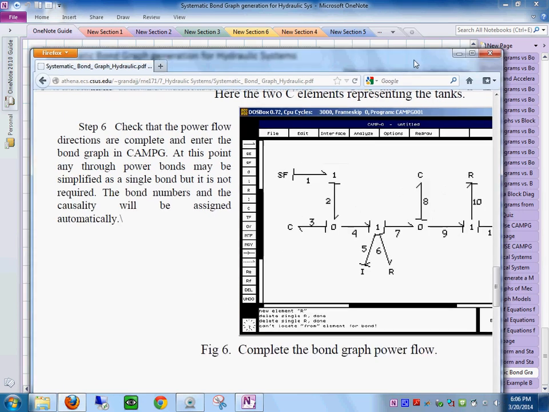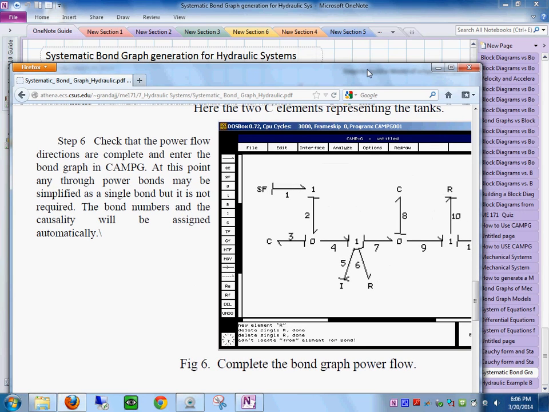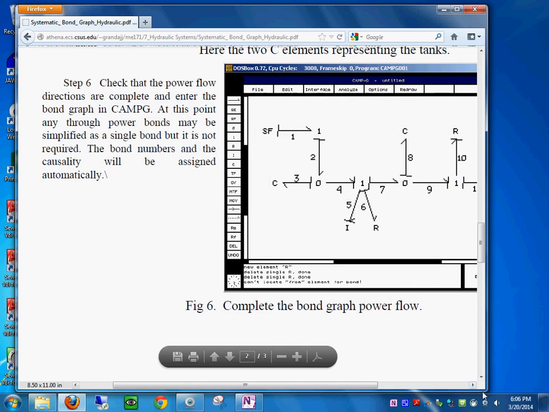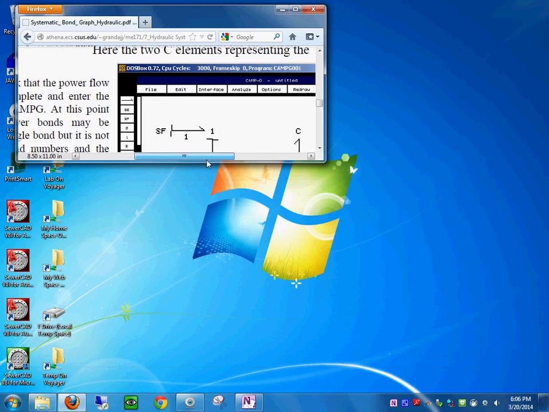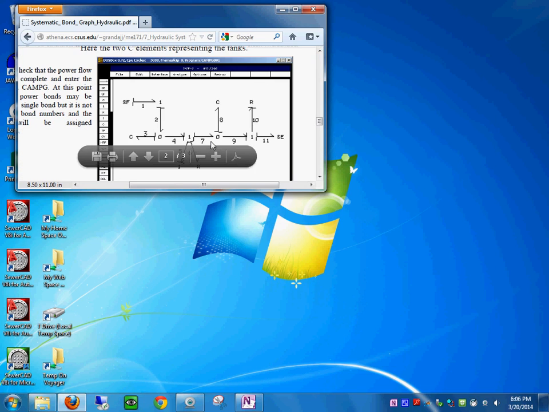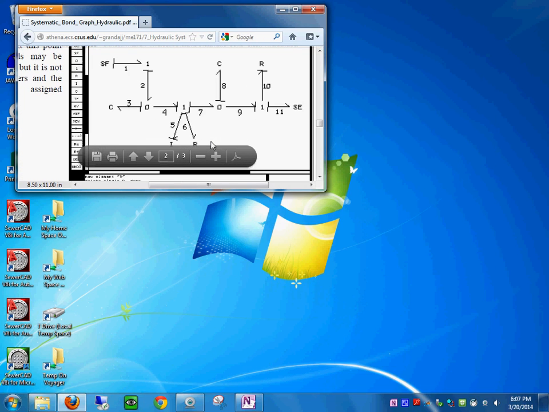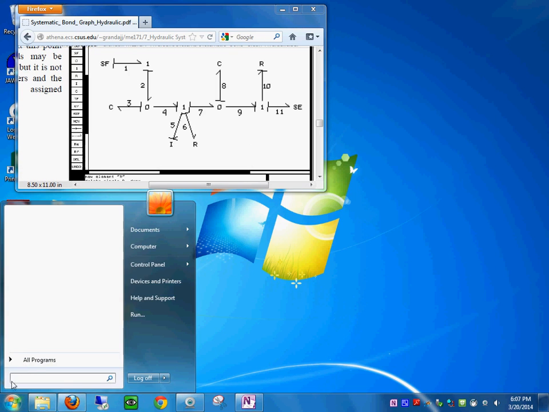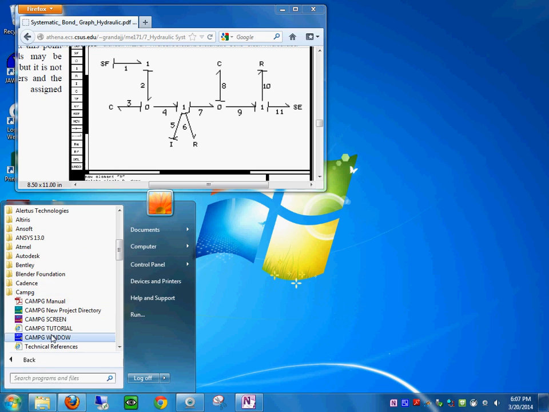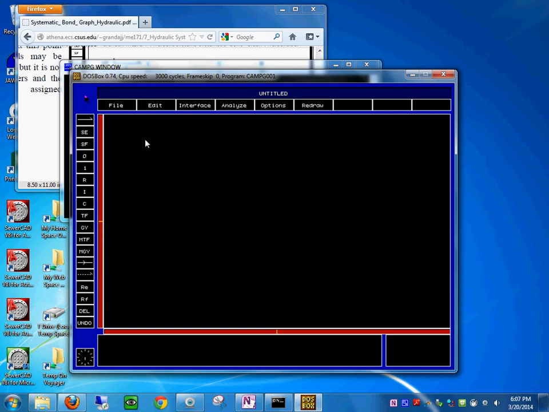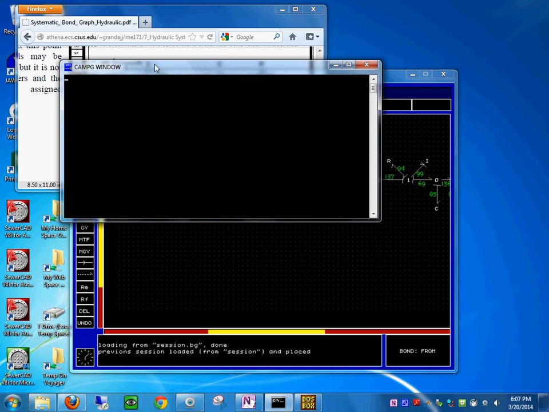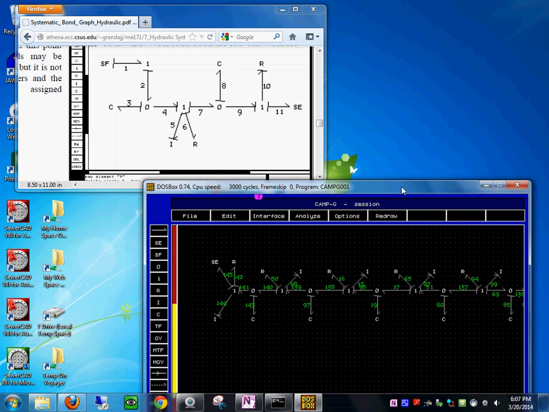So what I would do is, let me make a reduction of this, and we're going to enter it there. Okay, so let's just go ahead and enter this into CAMG, and we will see where we go from here. Take a look here.